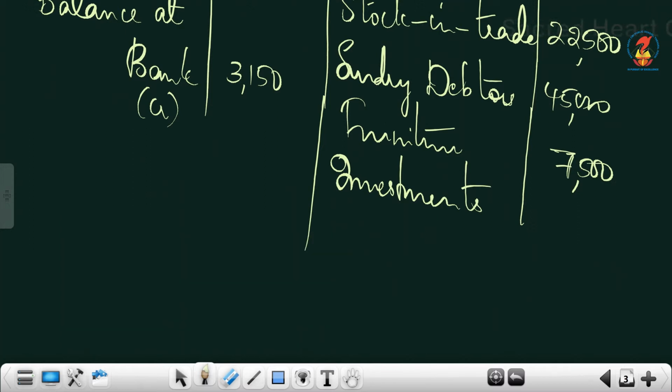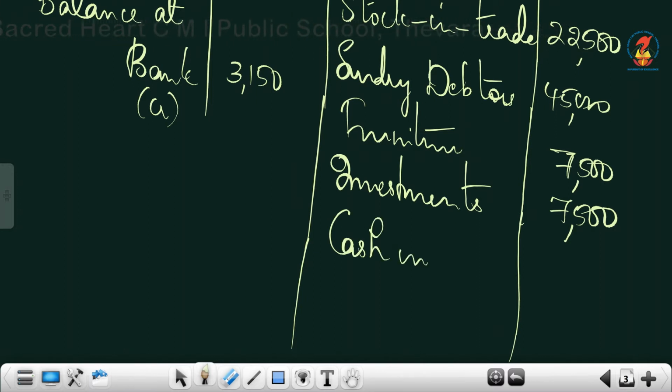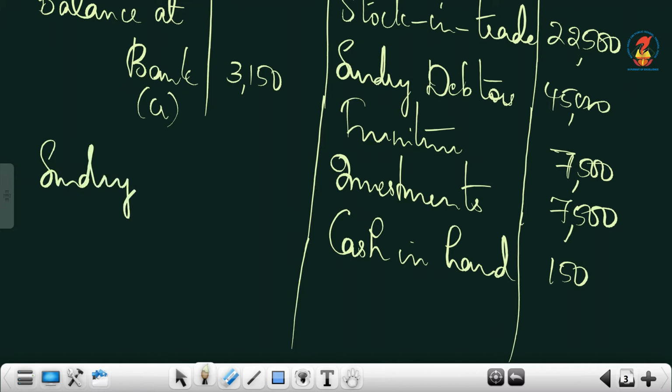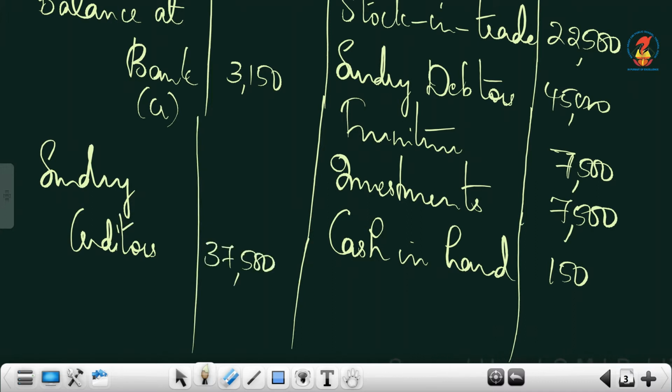Then we have furniture and investments 7,500 each. Then next one is cash in hand 150. Next one, sundry creditors 37,500, which should come on the liability side. Then bills payable 1,500.